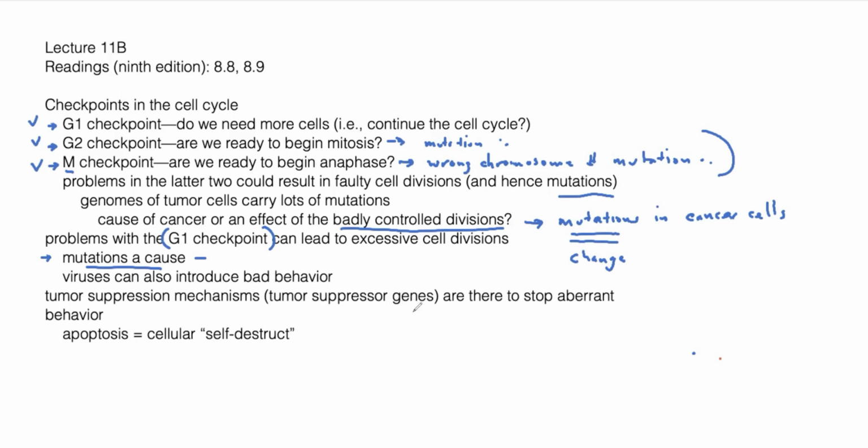But once the cells start behaving incorrectly and having poor control over the cell divisions, that's actually going to lead to additional mutations, which might potentially make the cancer even worse, right? And so that's one thing to keep in mind. I guess the question is, well, why is it that cancers begin in the first place? It can be as simple as some type of problematic aspect in the control of the cell cycle. Okay.